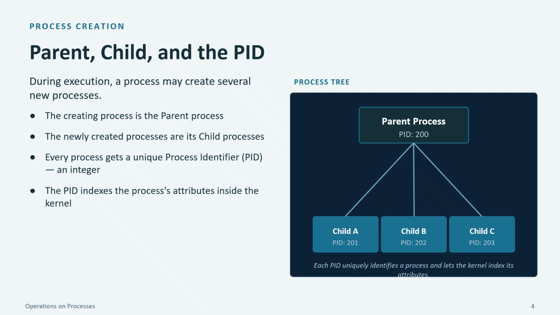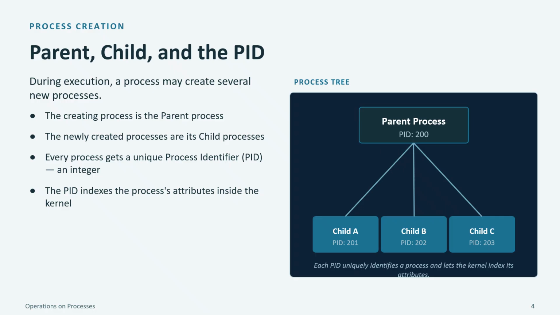Operating system needs a way to uniquely identify every process. For this purpose, every process is assigned a process identifier, commonly called PID. PID is simply an integer value. For example, a parent may have PID 200, its children may have PIDs 201, 202, and 203.